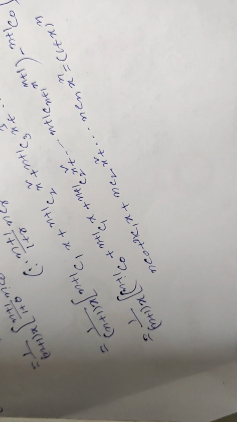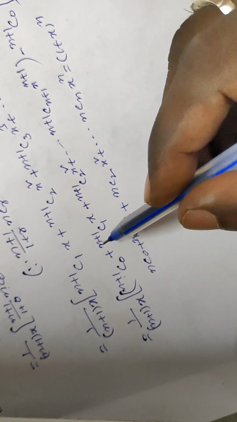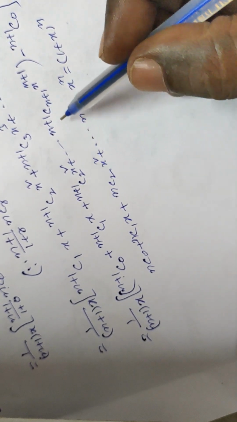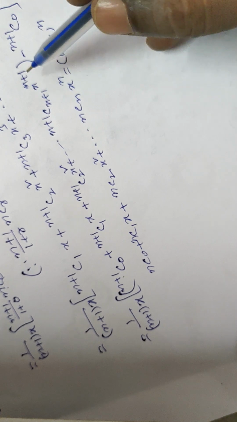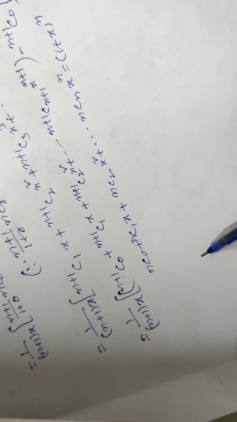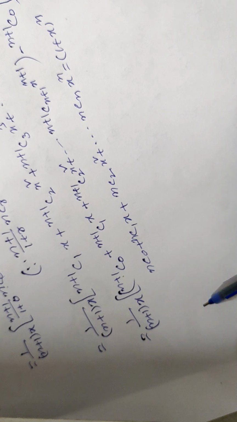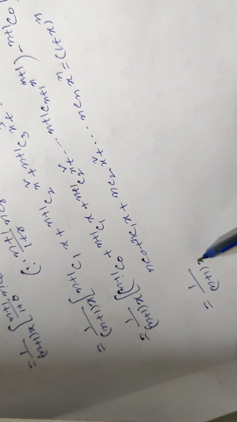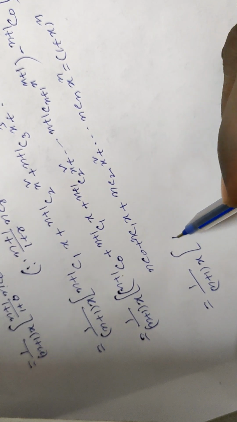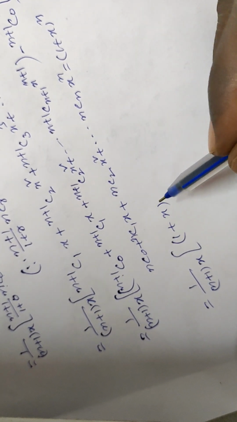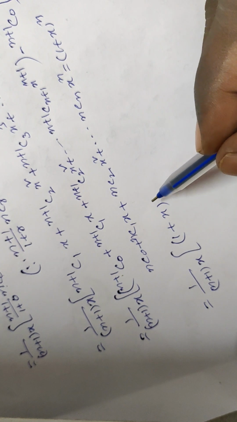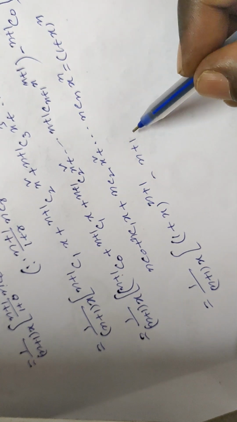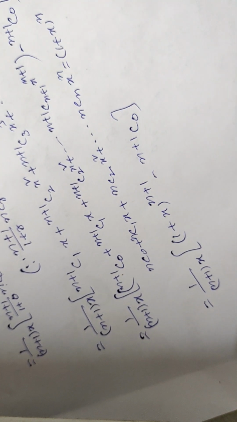By using the formula, n plus 1 C0 plus n plus 1 C1 x plus n plus 1 C2 x square plus and so on, n plus 1 C n plus 1 x power n plus 1 is equal to 1 by n plus 1 into x of (1 plus x) whole power n plus 1 minus n plus 1 C0.